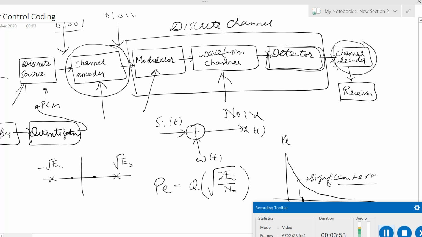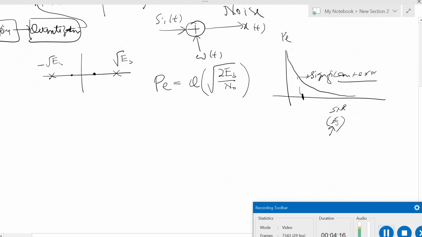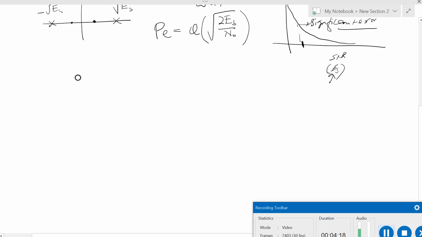So there are only binary numbers here, and then you modulate it, then you do line coding and BPSK modulation, you multiply it with the cos, then there is a waveform channel, then there is a detector, you detect the symbol. After you detect the symbol, you take a decision whether it is 0 or 1, you again get zeros and ones here. So you can treat that this whole setup can be written in a very simple way.